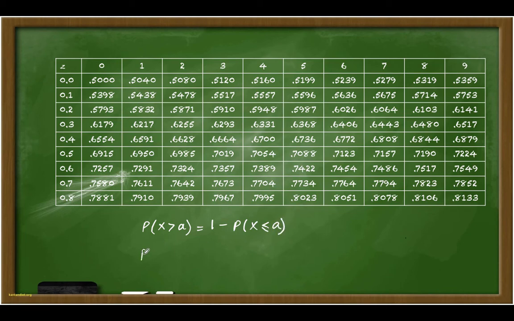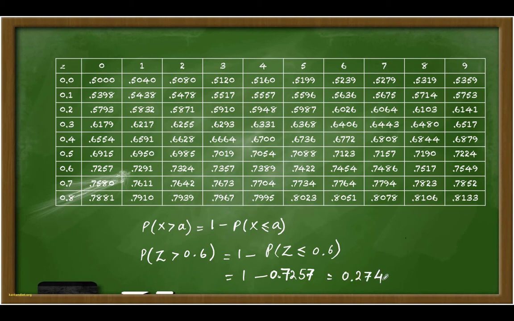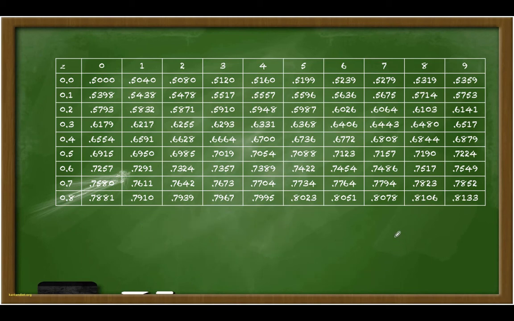So the probability that z is greater than 0.6 is 1 minus the probability that z is less than or equal to 0.6. For 0.6, we have 0.7257, and when we subtract, we get 0.2743. Let's have another example.